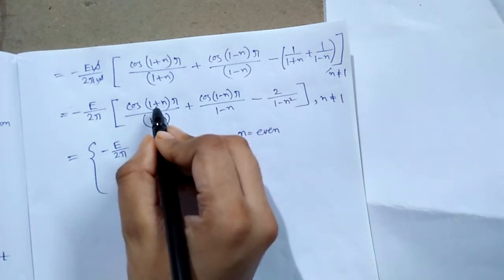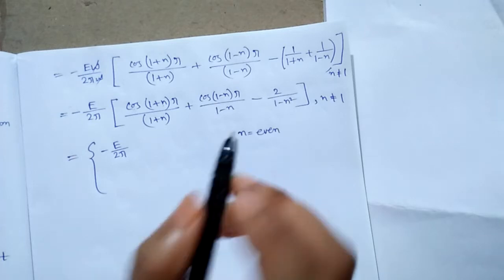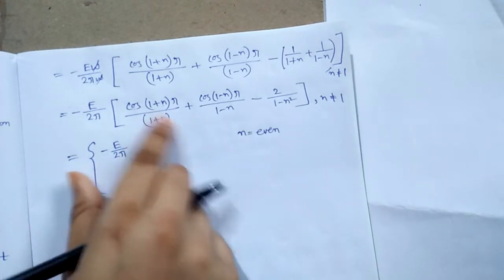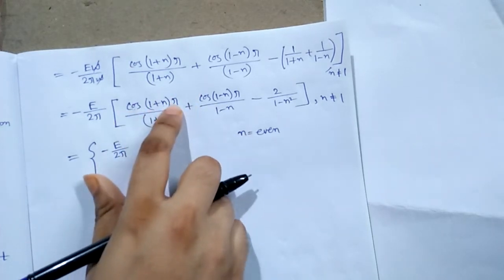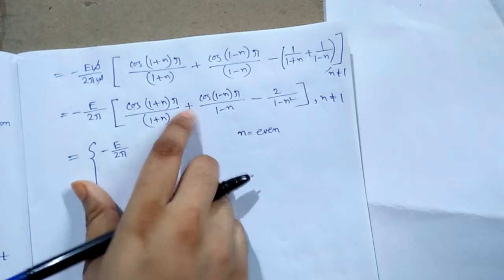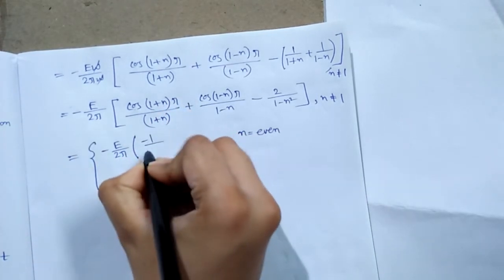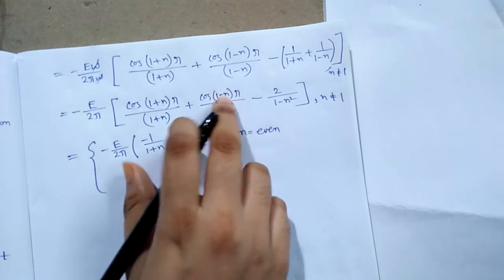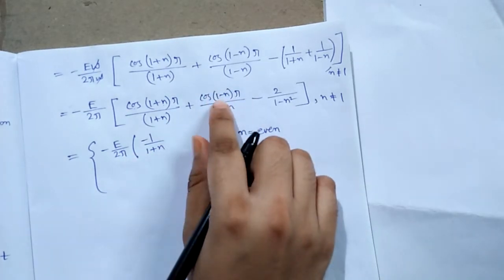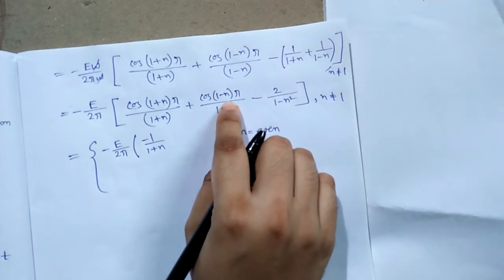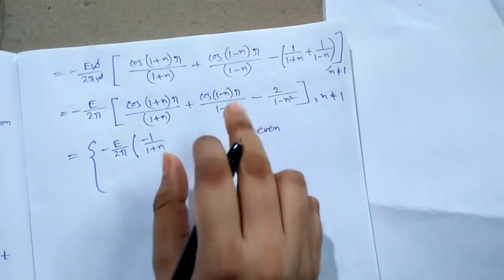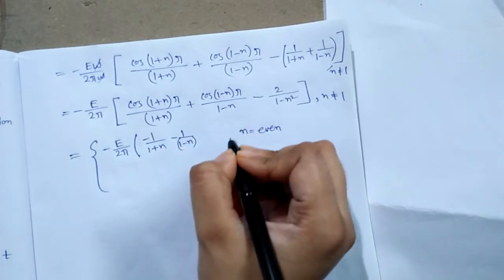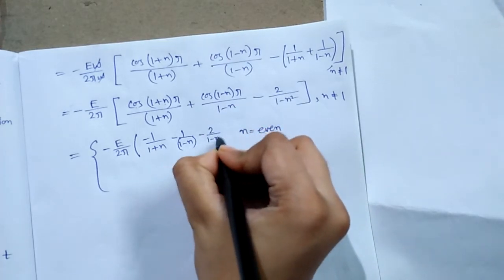So we get cos 3 pi, and the value of cos 3 pi is minus 1. So this is minus 1 by 1 plus n. Again put n equal to 2 in this number. So we get cos of minus pi, that is cos pi, and this is again minus 1. So minus 1 by 1 minus n. We get this, and this is minus 2 by 1 minus n square.